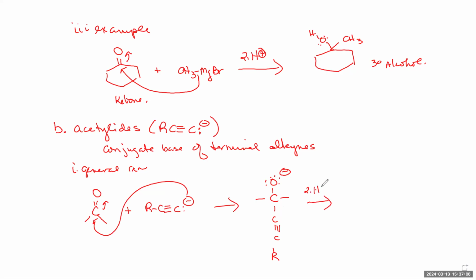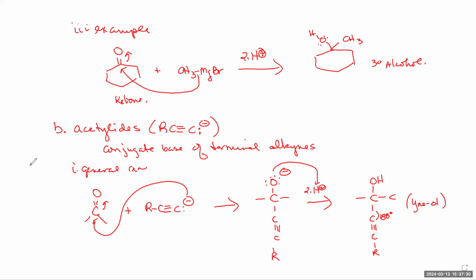And then if we add acid next, we'd get the OH. We'd pick up that, and I'm drawing it straight down because remember it has 180-degree bond angles. And this is actually an ynol. We got an alkyne and an alcohol.